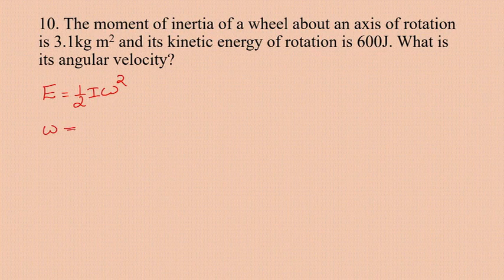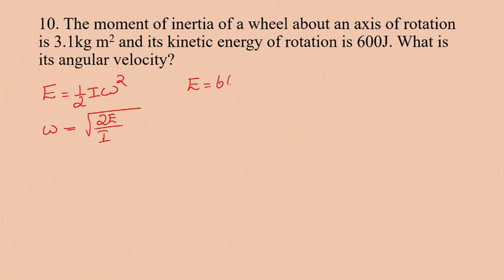So omega is equal to square root of 2E divided by I. Then what are the values given? Here the kinetic energy of rotation E is given 600 joule, and the moment of inertia is also given, that is I is equal to 3.1 kilogram meter square.